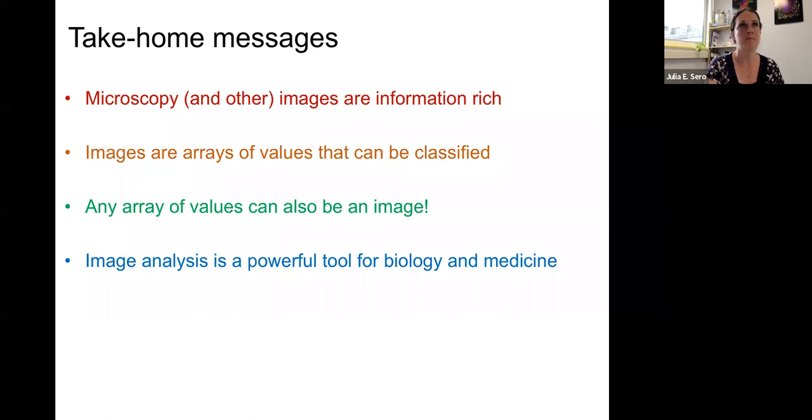For example, my stepdad is a material scientist, and used these types of approaches to look at particulates, and also at the makeup of steel alloys. So really wide applications. Anytime you've got a picture or an array of numbers that could be a picture, these methods could be right for you. And I will finish there.